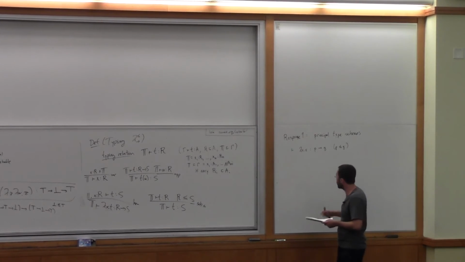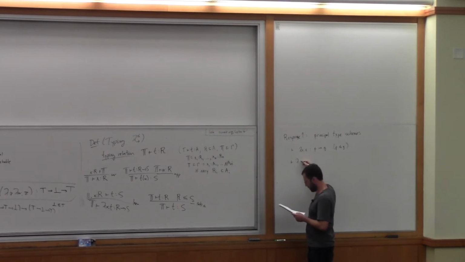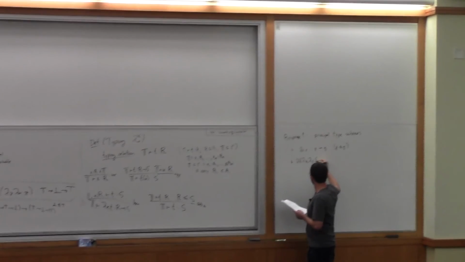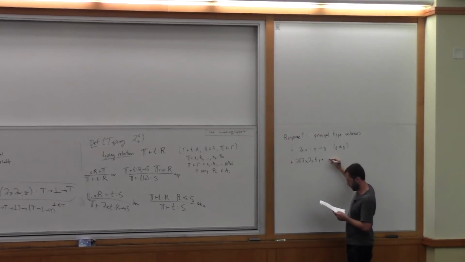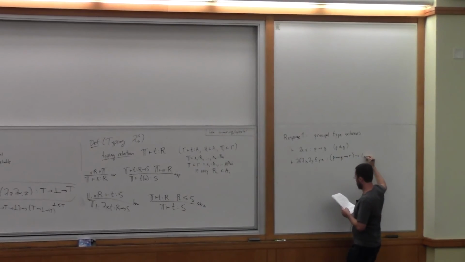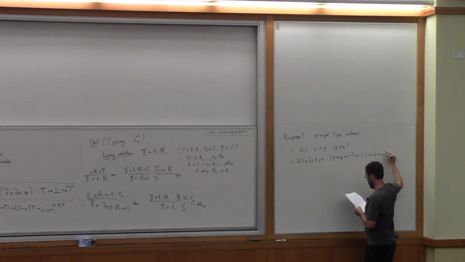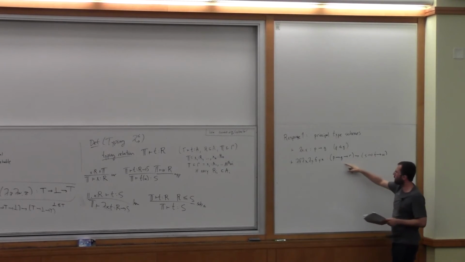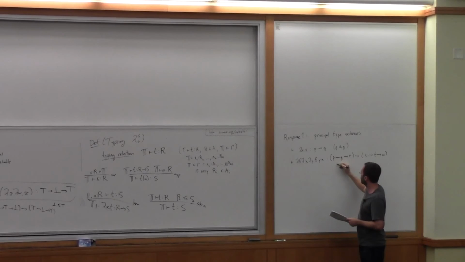And another example: the example I gave before of this term, you can give it this abstract type where you assume that some constraints hold.